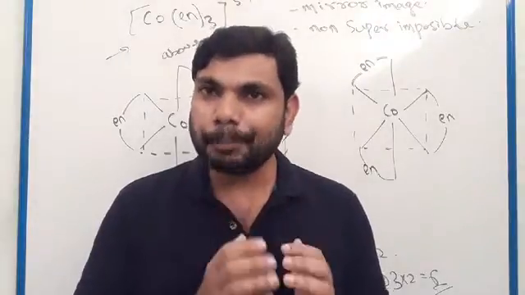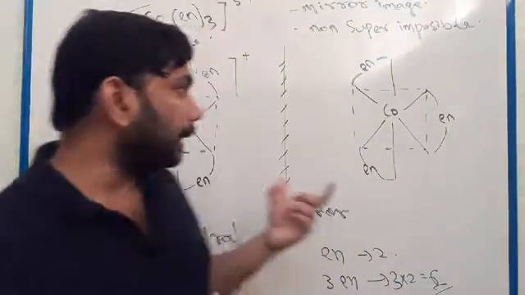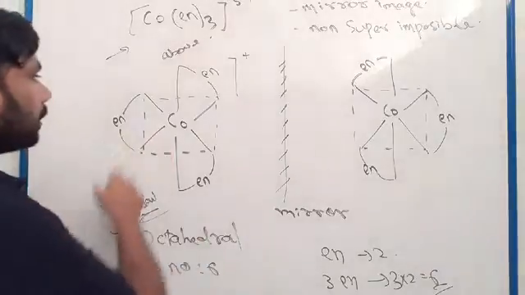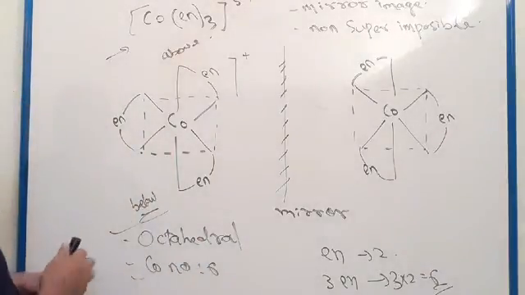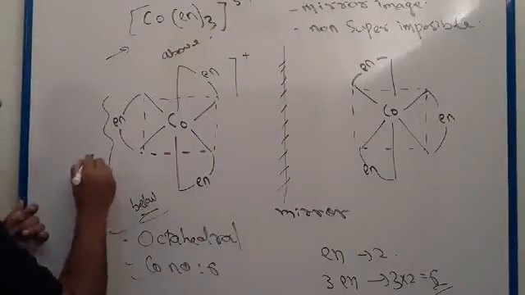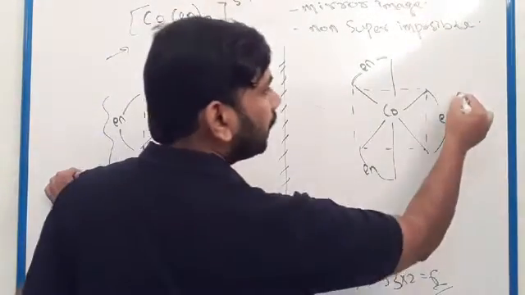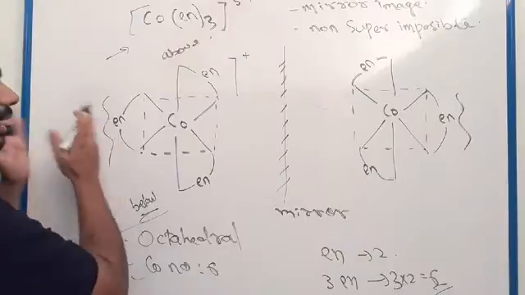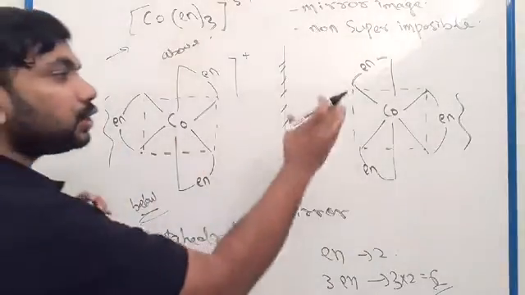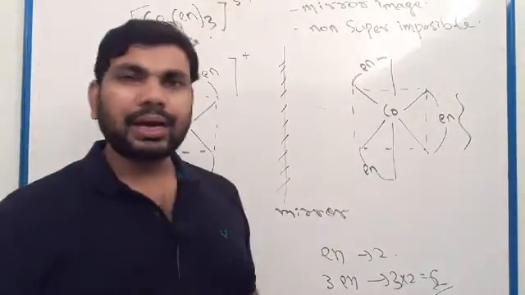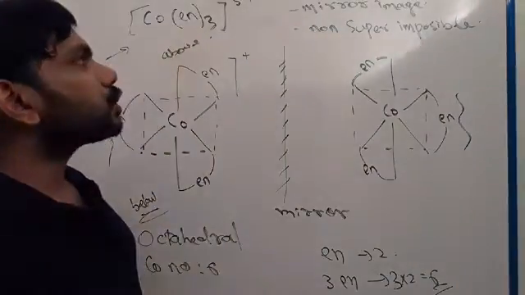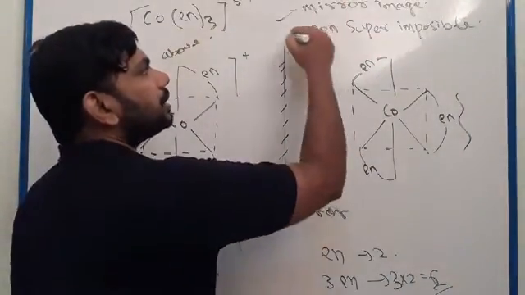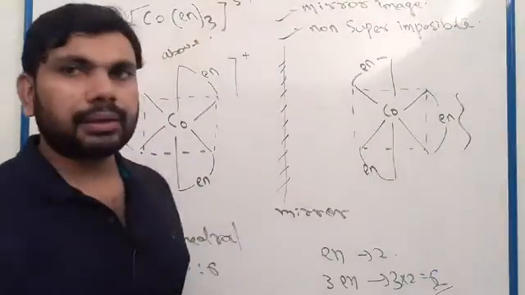So when you look here, this ethylene diamine is on the right hand side, and here this ethylene diamine is on the left hand side. So they are non-superimposable. You have to remember, optical isomers are mirror images and they are non-superimposable.